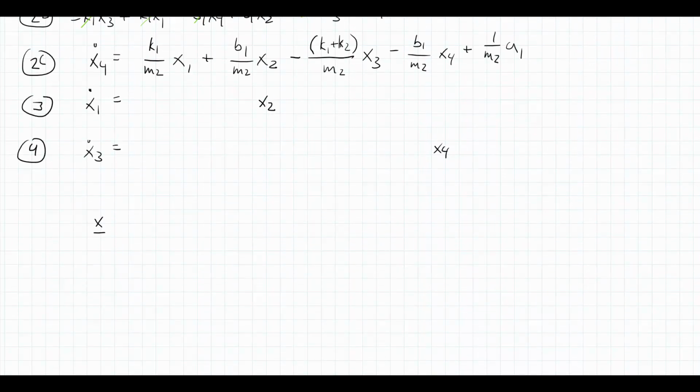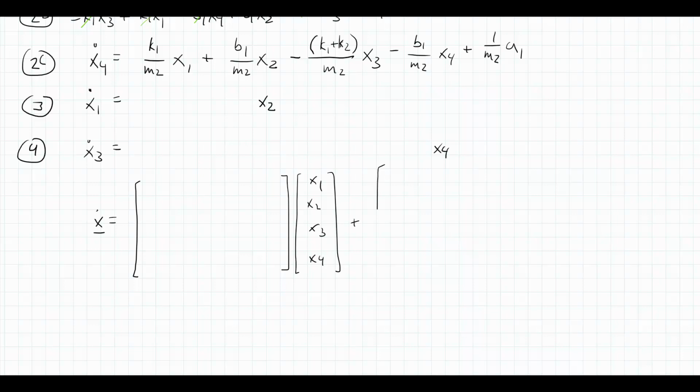So I can write that x dot equals an A matrix times my x1, 2, 3, and 4, plus B times u1, my input. I know up front the A matrix is going to be 4 by 4 because I have 4 state variables.